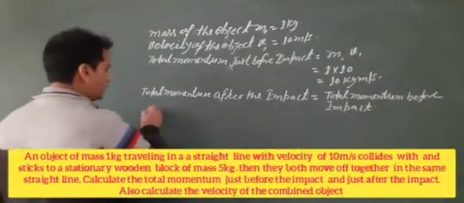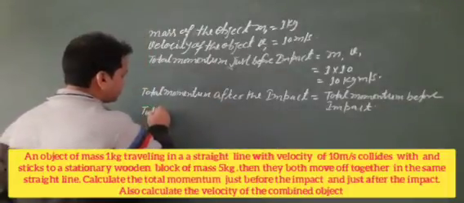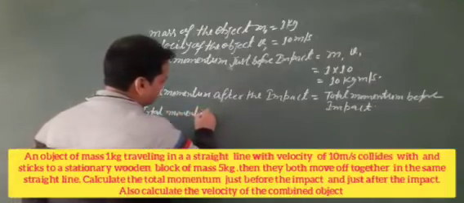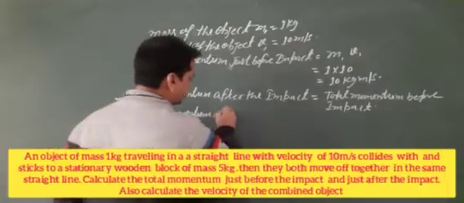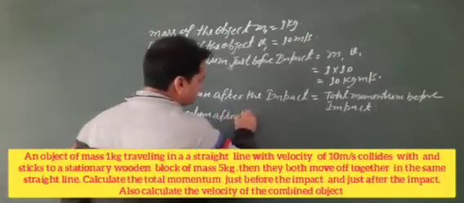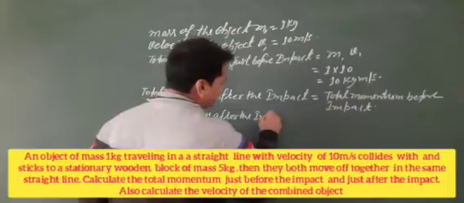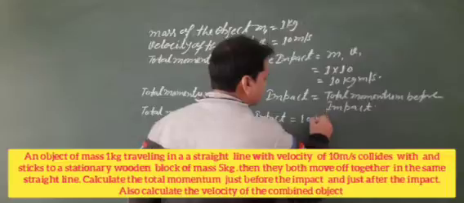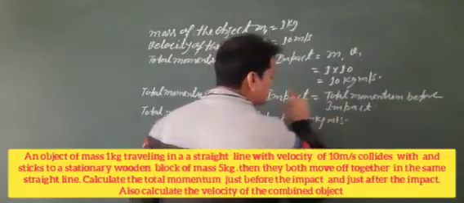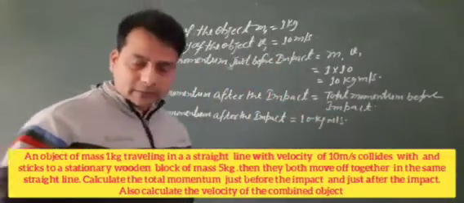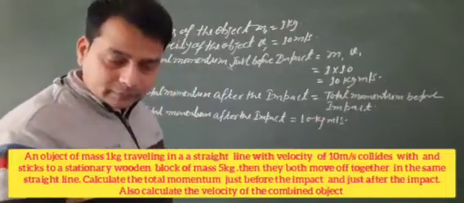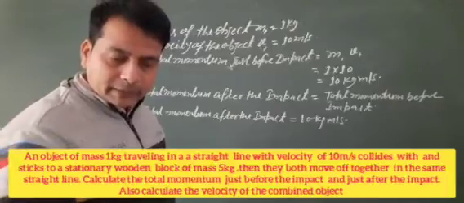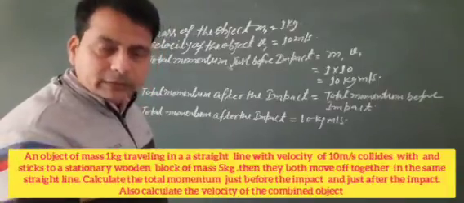So the total momentum after the impact is 10 kilogram meter per second. In this sequence, the wooden block and the object both move together in the same straight line.